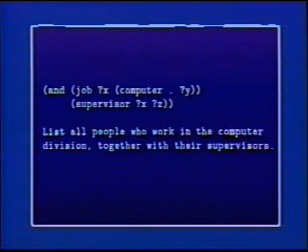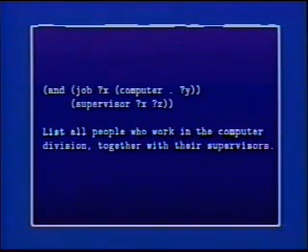And the way I write that as a query is and the job of X is computer something or other, and job of X is computer dot Y, and the supervisor of X is Z. Right? Tell me all the people in the computer division, that's this, together with their supervisors. And notice in this query, I have 3 variables, X, Y, and Z, and this X is supposed to be the same as that X. Right? So X works in the computer division, and the supervisor of X is Z.